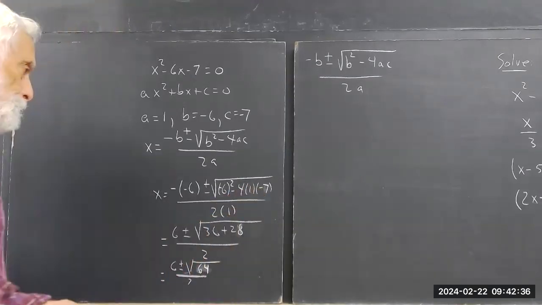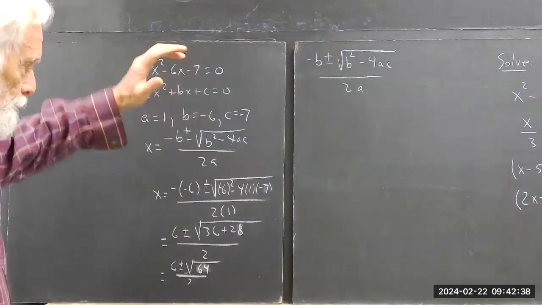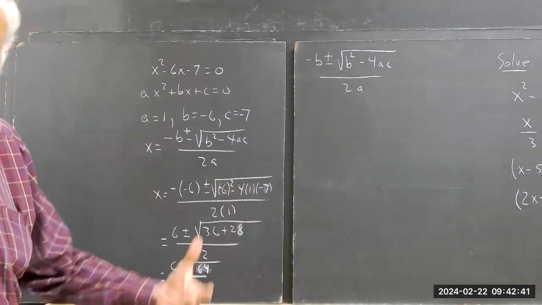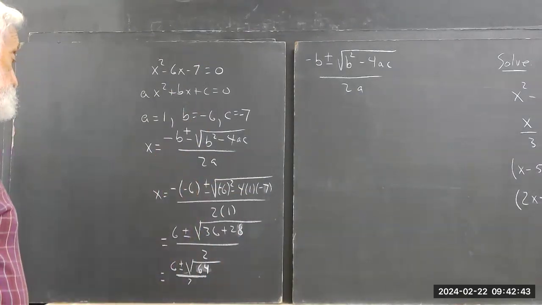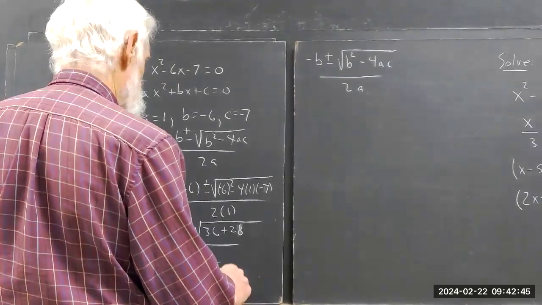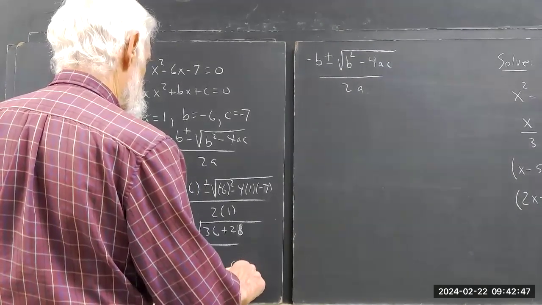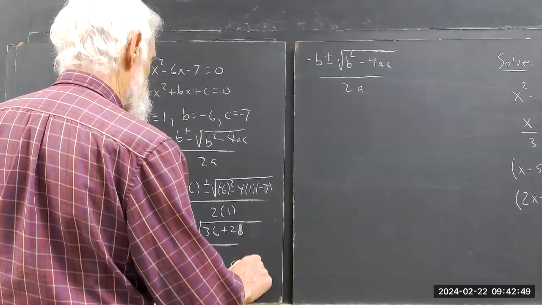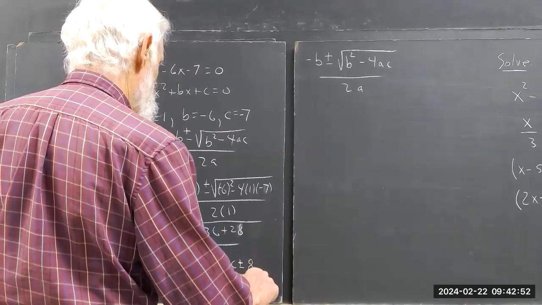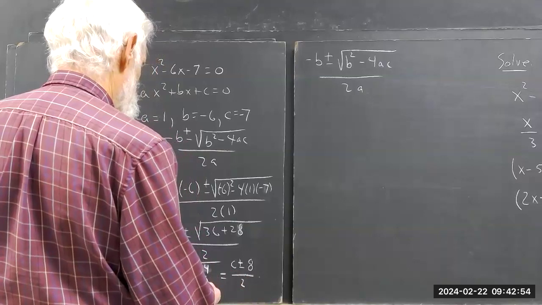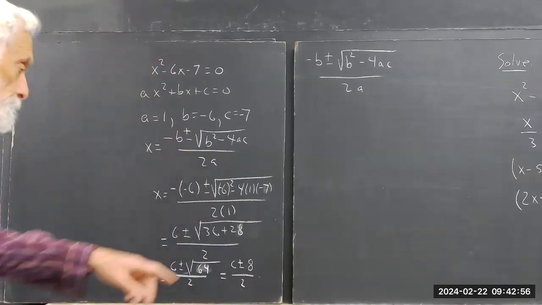Be careful. Be methodical. Don't just write down whatever number pops into your head like I did. In any case, this is 6 plus or minus square root of 64, which is 8, all divided by 2. Make that 2 by 2.